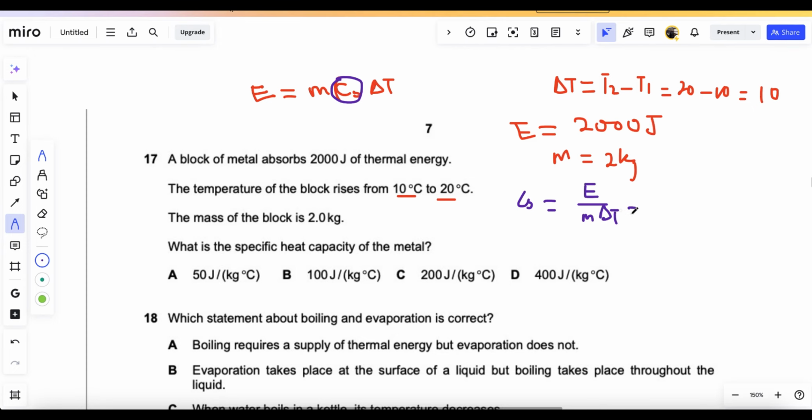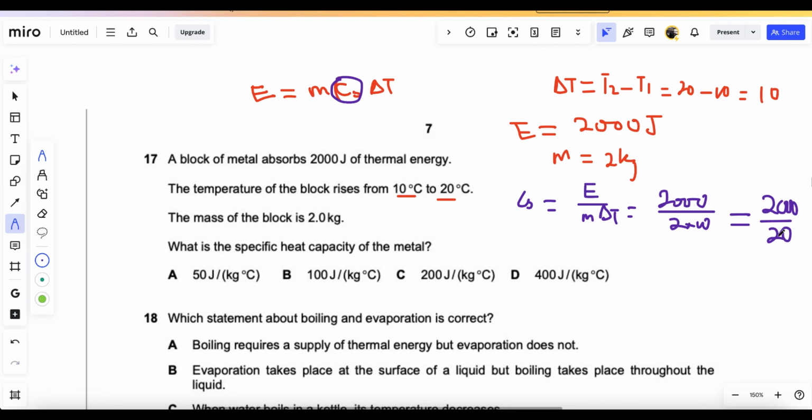The energy is 2,000, so you write 2,000, divided by the mass, which is 2, times delta T, which is 10. 2 times 10 is 20. Delta T, the change in temperature, is 10, we've done that already. So you say 2,000 divided by 20, that will give us 100.